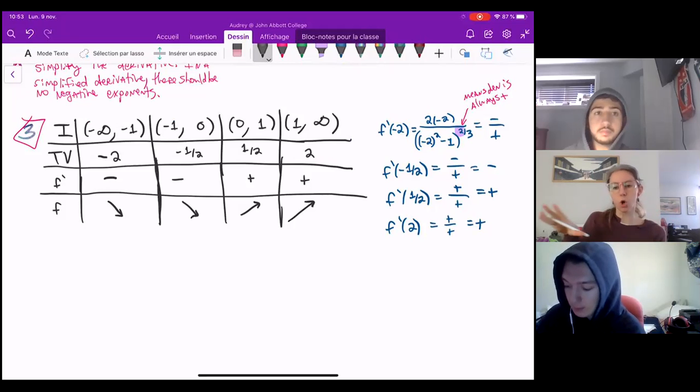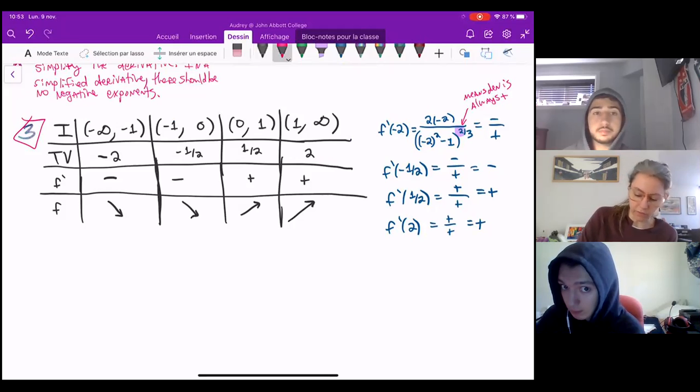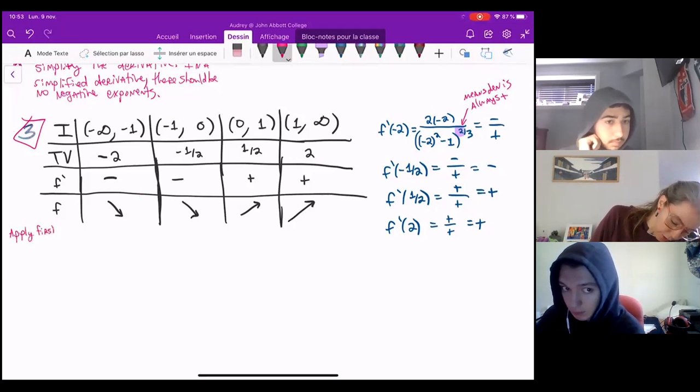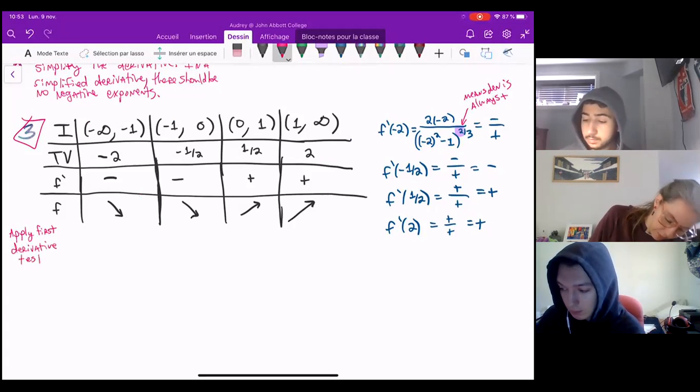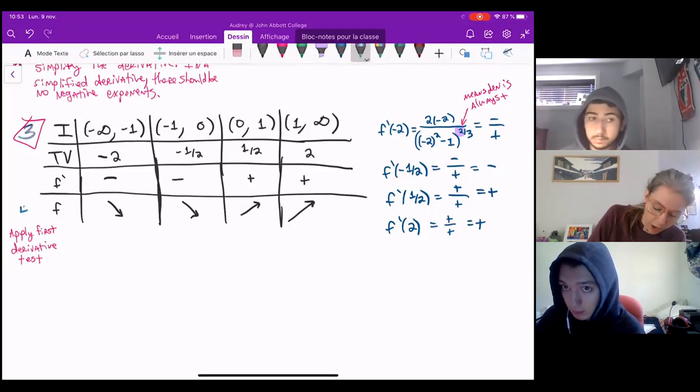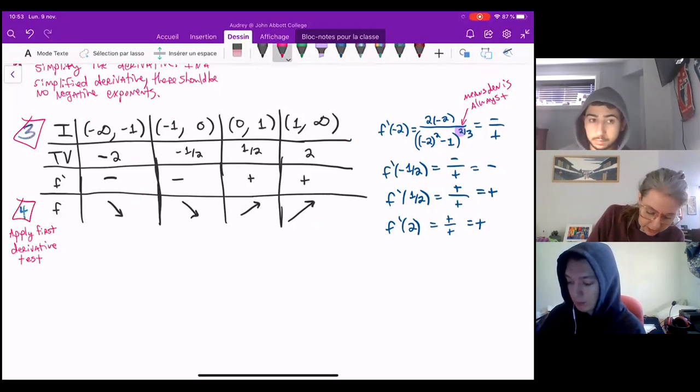Now it was continuous at all of those places. So to apply the first derivative test, that's what we're doing here. And here at step 4, I applied the test for increasing and decreasing.